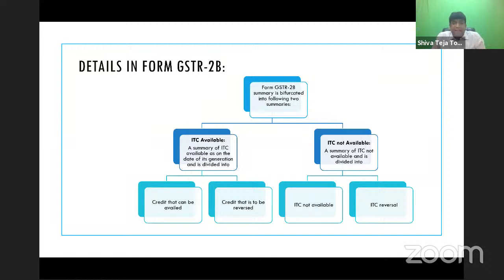And the maximum time limit to claim that credit, I'm not telling utilize, to claim that credit, is the due date of return for September month following the end of the financial year, or the date of filing annual return, whichever is earlier. And the September story will definitely come again in the context of GSTR 9 also. Definitely important. I hope you are getting clarity, guys.